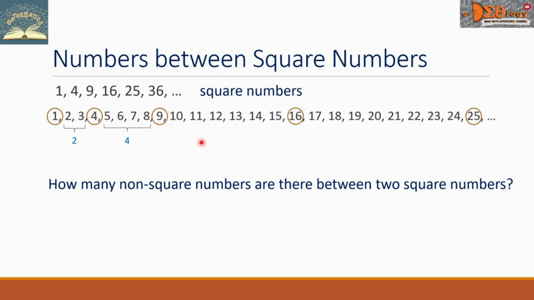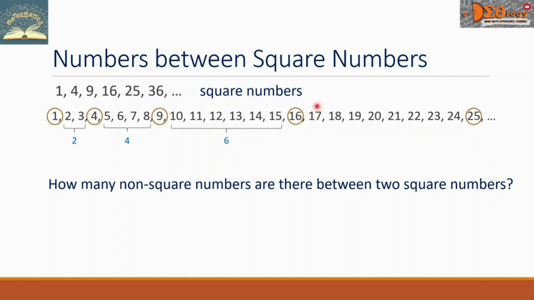Another example, between 9 and 16. The numbers are 10, 11, 12, 13, 14, 15. So 1, 2, 3, 4, 5, and 6. There are 6 numbers between 9 and 16. What about between 16 and 25?